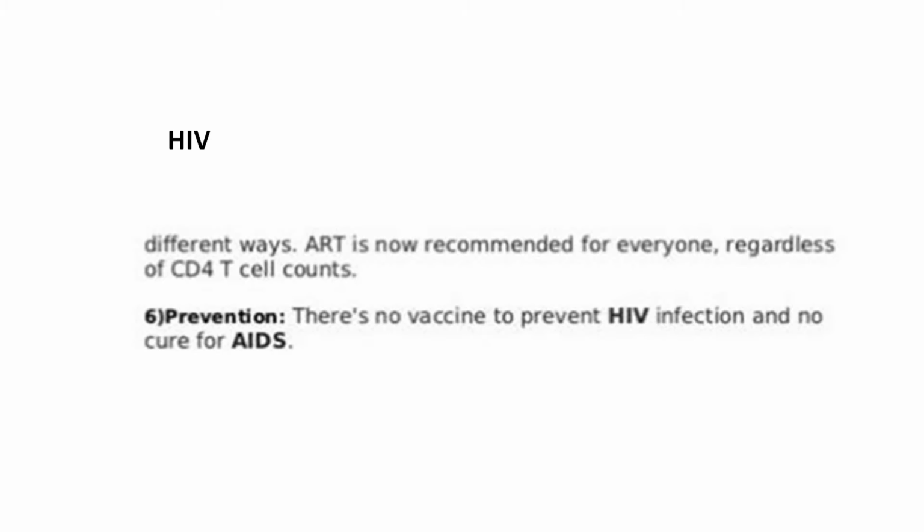Sterile syringes or other injecting equipments should be used for prevention of this HIV transmission from one person to other person. So this is about the prevention of HIV or AIDS.